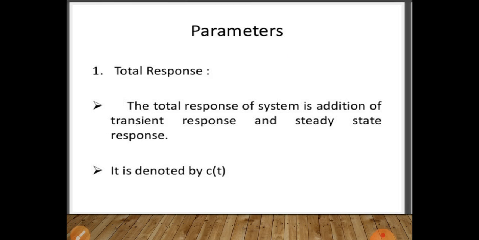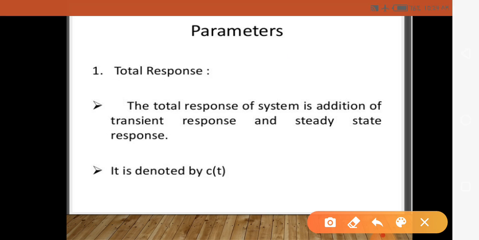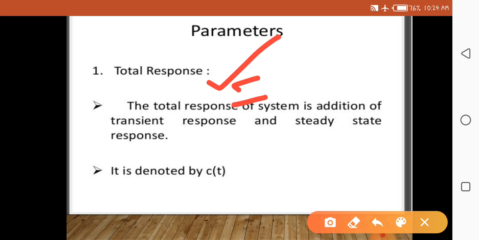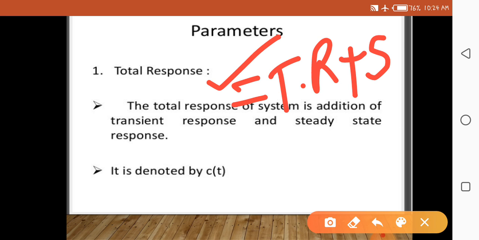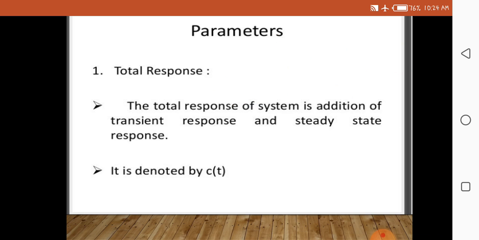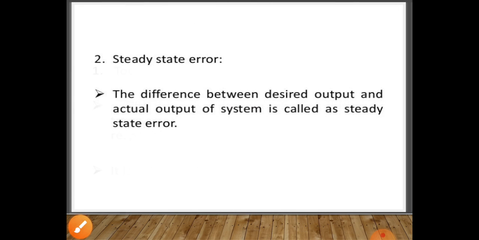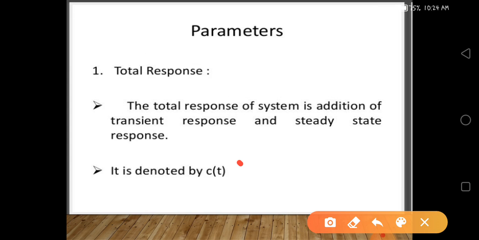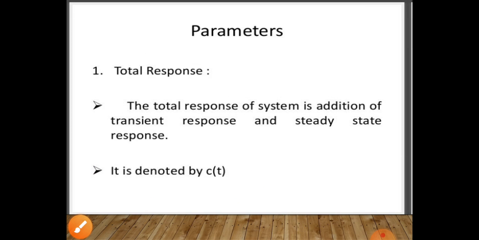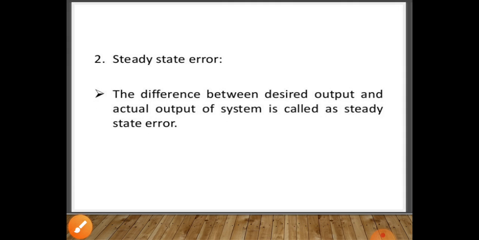The first parameter is the total response. The total response of a system is the addition of the transient response and the steady state response, meaning the total response is always equal to the transient response plus the steady state response. The total response is denoted by C(t). The second parameter is the steady state error.